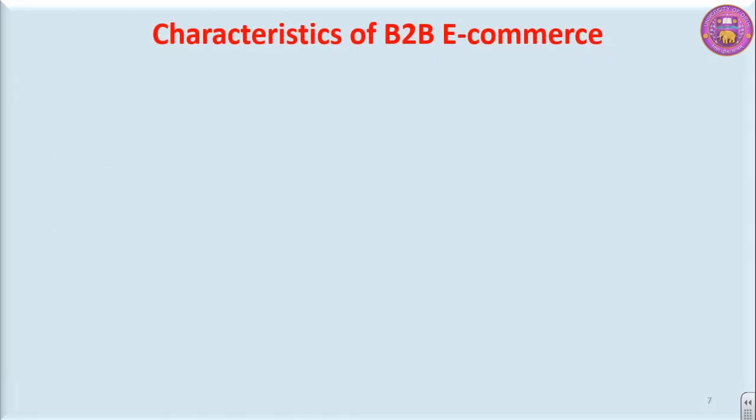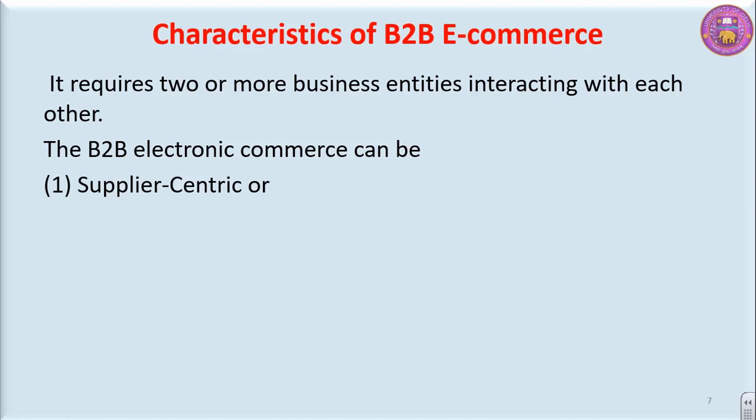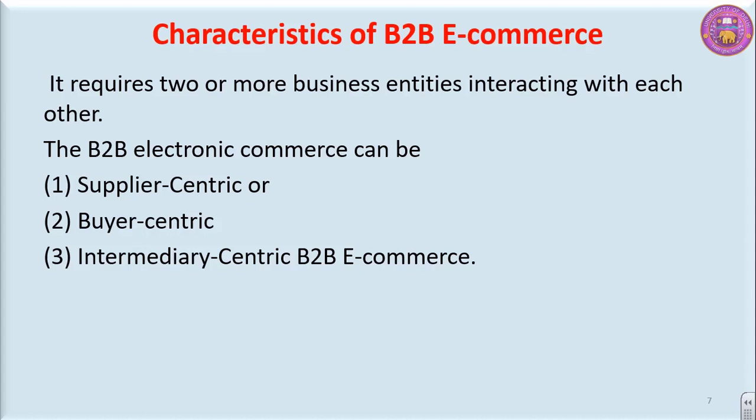Now, what are the characteristics of B2B e-commerce? It requires two or more business entities interacting with each other. The B2B electronic commerce can be supplier-centric or buyer-centric or intermediary-centric B2B e-commerce.